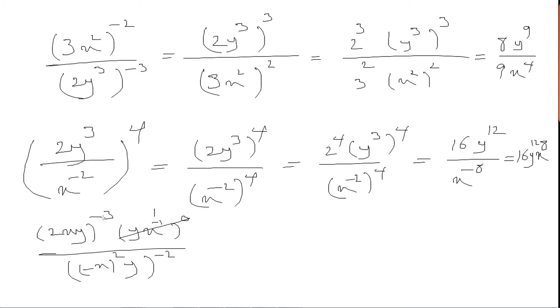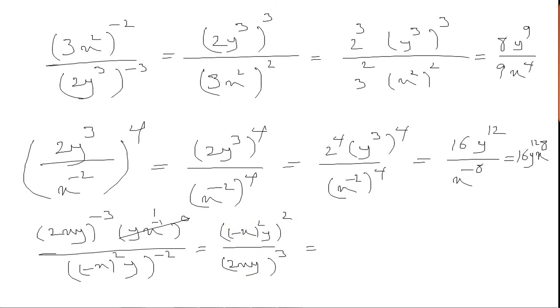I have negative exponents here, so I move them. 2xy goes to the denominator, raised to the power of 3. Negative x to the power of 2 times y. So this expression here, this base here, with no change, I move it to the numerator, and the power gets negated, becomes 2.